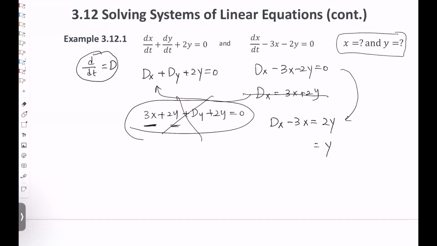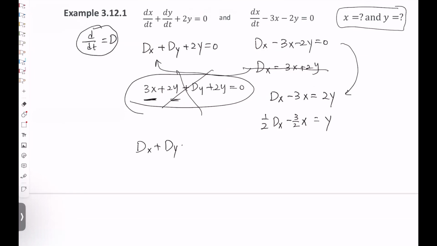I have y equals 1 over 2 Dx minus 3 over 2 x. Then we have the first equation as this. We can substitute 2y here, and we need to have a Dy, so we take the derivative: Dy equals 1 over 2 D squared x minus 3 over 2 Dx.